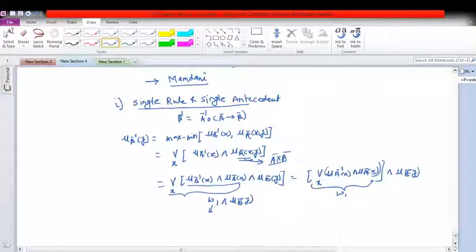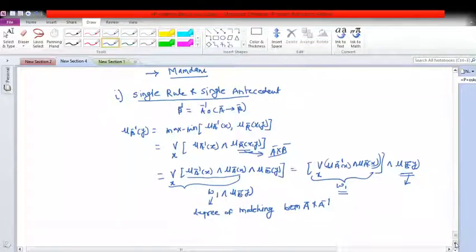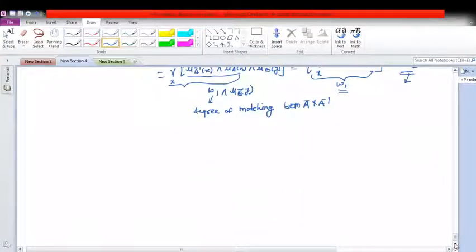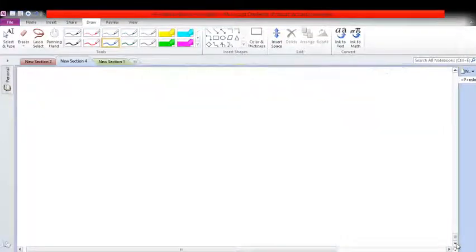So this w1 will be my degree of matching between a bar and a bar dash. So the resulting membership function will be equal to the membership function of this b bar, which will be clipped by this w1.